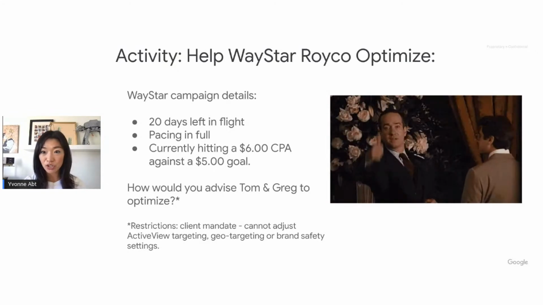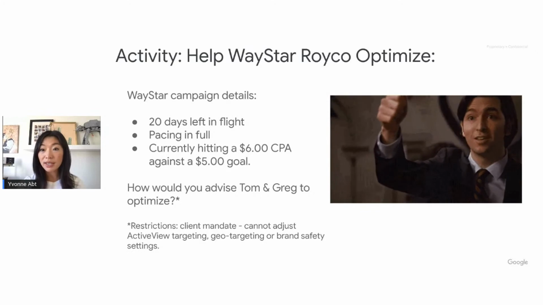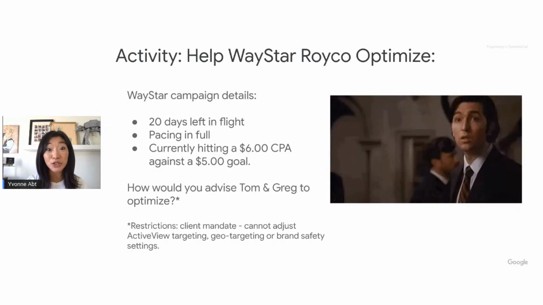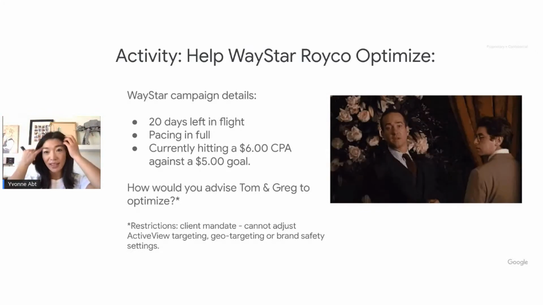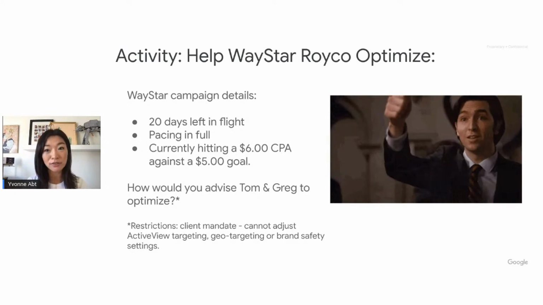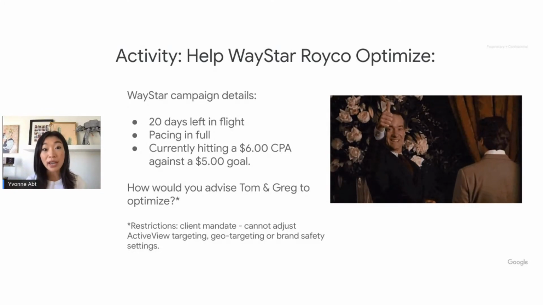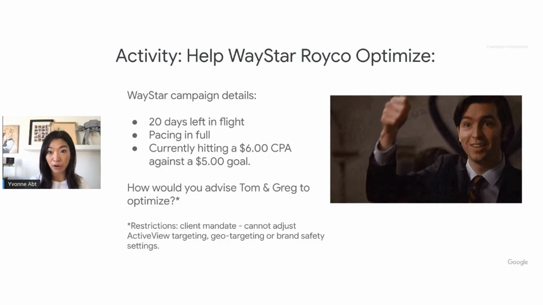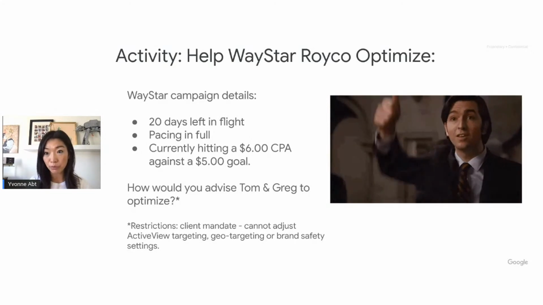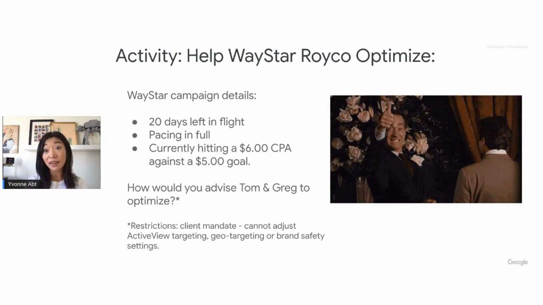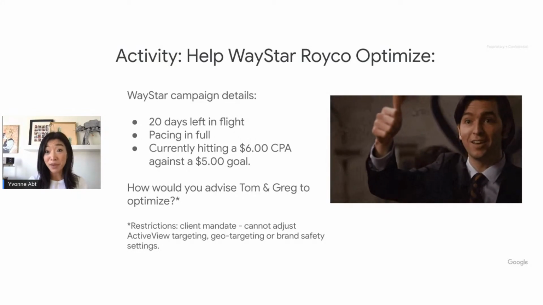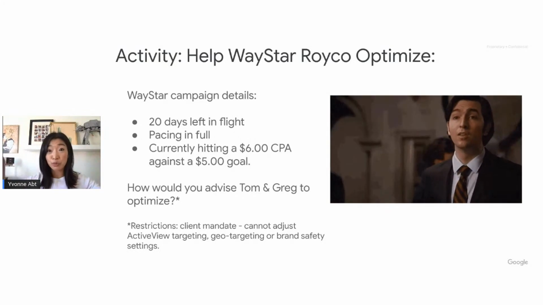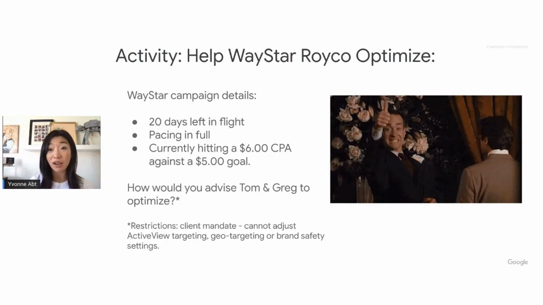We have some suggestions. First one is pulling a site list to identify underpacing properties. Yes, that's definitely something Greg should do. Creative performance is another great report to pull. Narrowing the audience targeting. Yeah, maybe we're just going after too big of a prospect, and that's why the costs are really high.